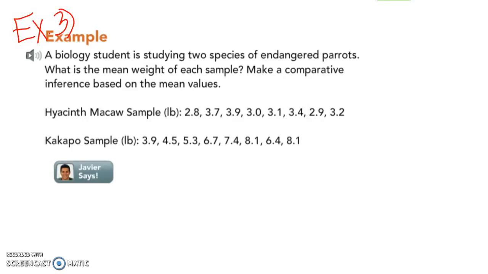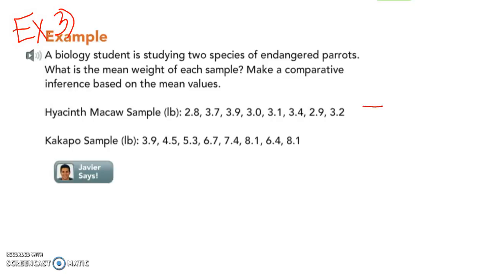So we're going to compare, and this is example 3. Finding the mean for the hyacinth macaw, again, we add up all the values and then we divide by the number of values in the data set. So take your calculator: 2.8 plus 3.7 plus 3.9 plus 3 plus 3.1 plus 3.4 plus 2.9 plus 3.2.